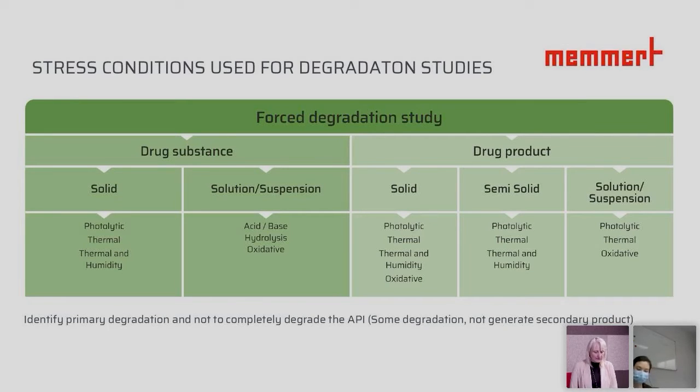So a condition for this degradation should typically be about 10 to 30% loss of API as determined by assay when comparing with non-degraded API. In the total absence of degradation products after 10 days, the API is considered stable under that particular stress condition.